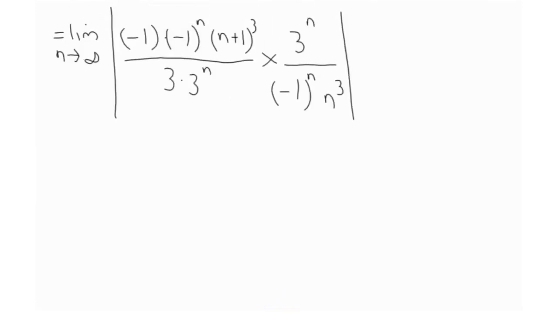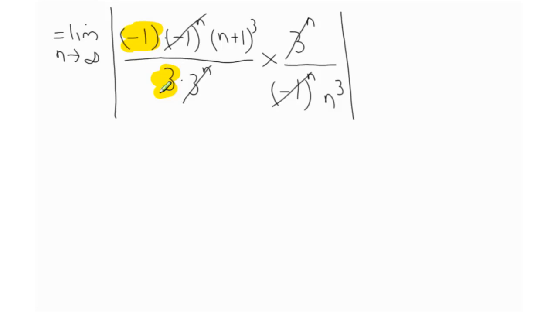So it's going to be a lot nicer very soon, as we can do some nice cancelling. We can take this (-1)^n with this (-1)^n, and a 3^n with another 3^n. Then on the top we have a -1 and a 3, so they can come out as multipliers, but because they're coming out of an absolute value, the sign of the -1 doesn't matter, since once we took the absolute value it wouldn't be negative anyway.